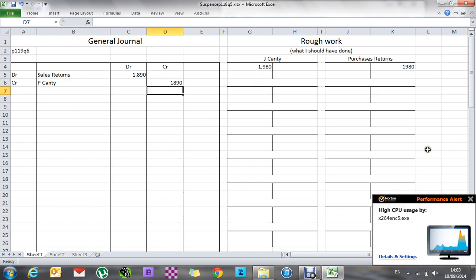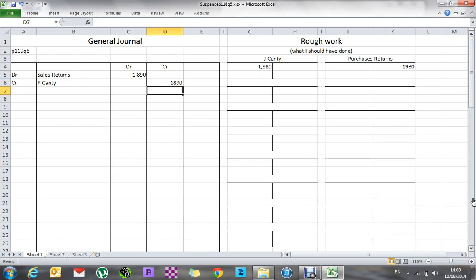Now we'll do what we should have done in the first place. So we'll go to the J Canty account, which is the one that we see over on the right hand side of the screen, and that's a DR. This is the account I should have had, and we have a CR in purchase returns. So we have 1980 there, and we have 1980 there, okay?